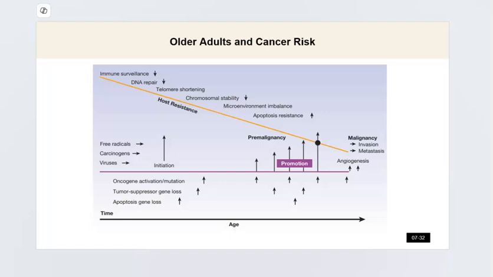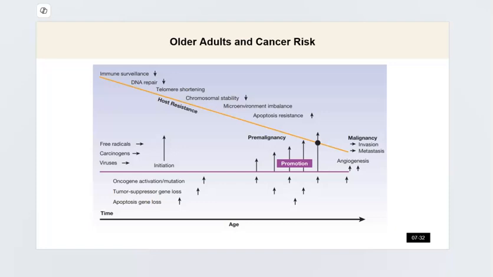Okay. So here, if you think about it, you can see there we've had some free radicals, some carcinogens, some viruses. We've had an increase in our oncogene activation and mutation. We've lost the ability of our tumor suppressor gene to work, and we've lost our apoptosis gene.